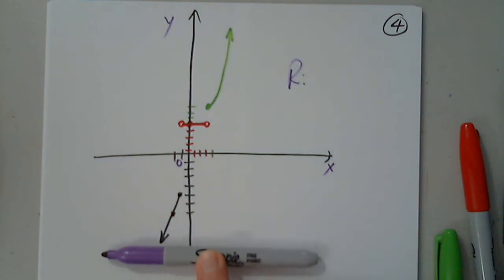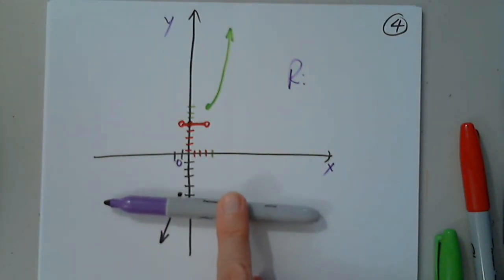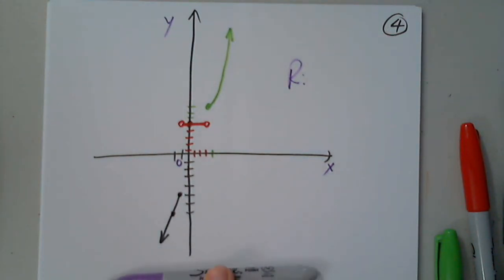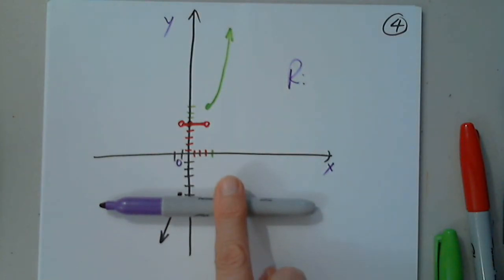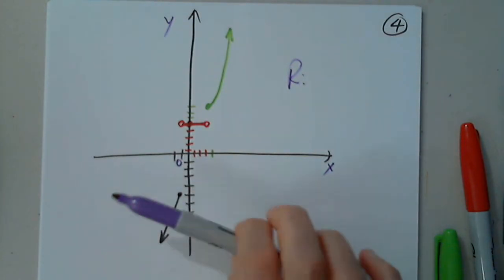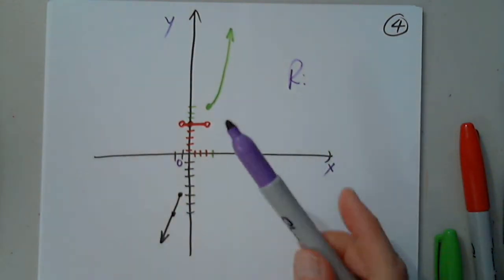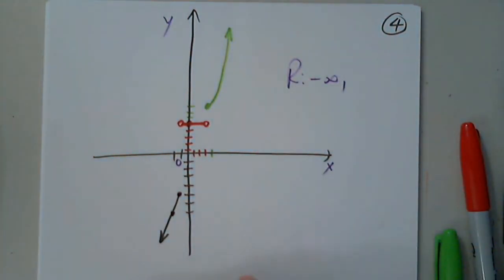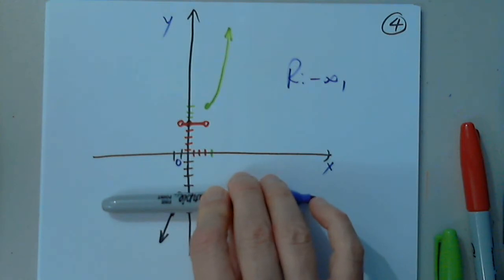It's not negative infinity to positive infinity, is it? It's open here. So negative infinity till what? -5.